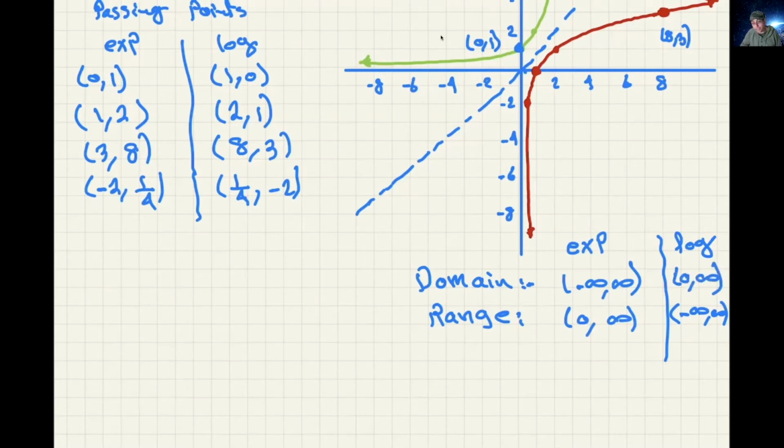So what I mean is that the domain becomes the range, and the range becomes the domain, because they are the inverse of each other. The third thing is the asymptote.